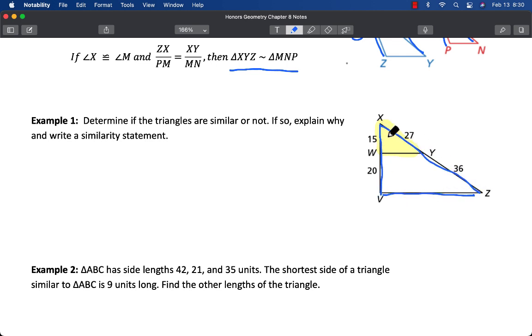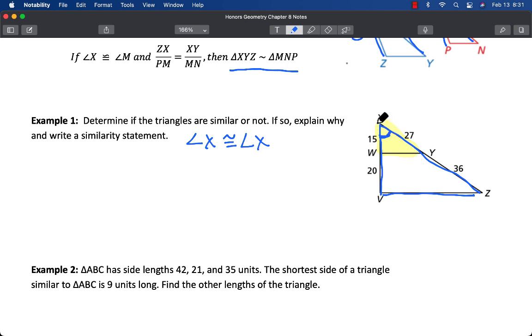They both have this angle X. Triangle WXY contains the angle X, and so does VXZ. So we have one included angle that is congruent: angle X is congruent to angle X by the reflexive property.